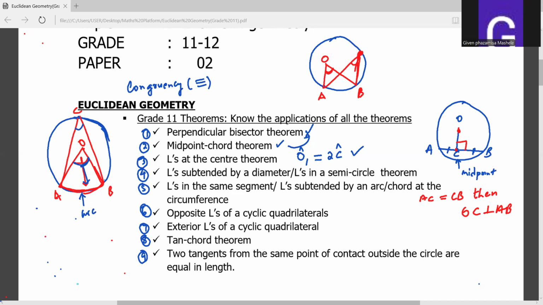And to prove this theorem, actually, you need to use the exterior angle of a triangle, followed by the isosceles triangle. Remember, an isosceles triangle is a triangle where two sides are equal but not equal to the third one.